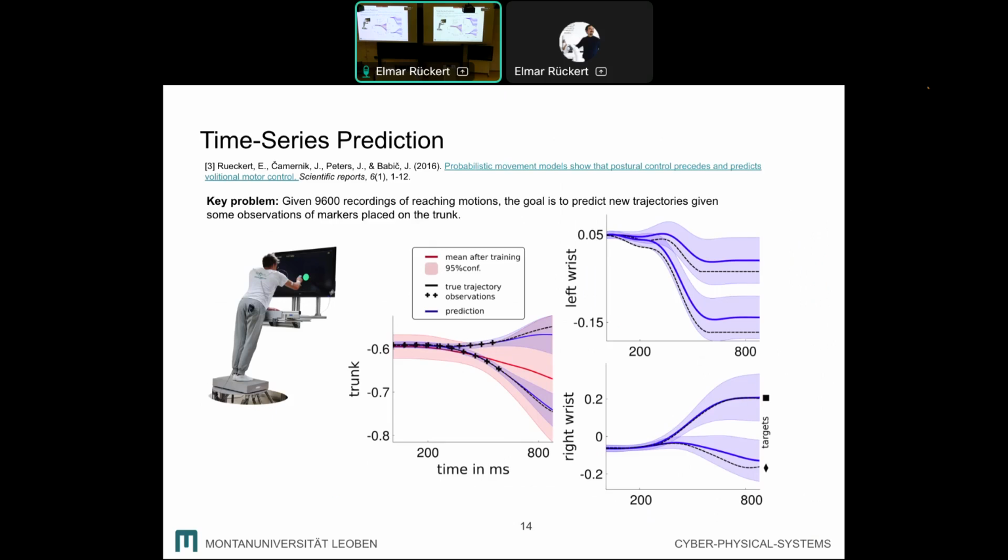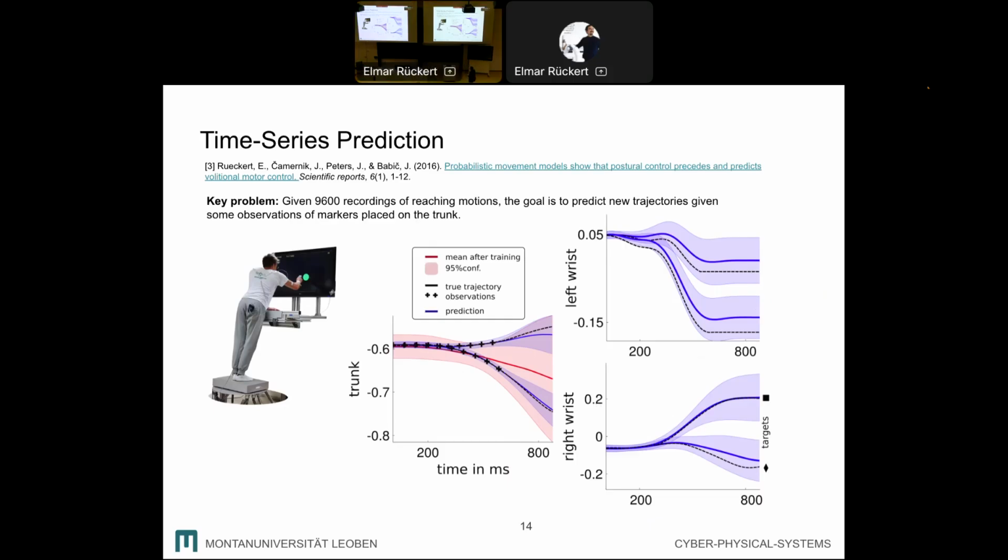And if these supportive contacts would be planned or pre-processed, then I can precisely predict from the supportive contact what you would do.